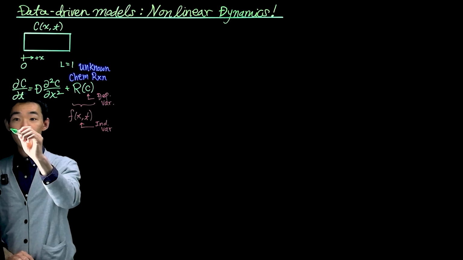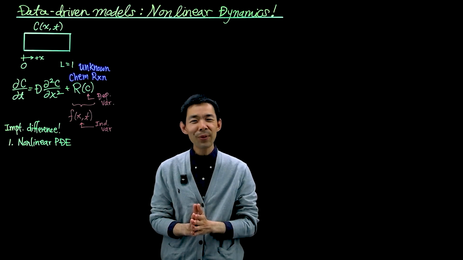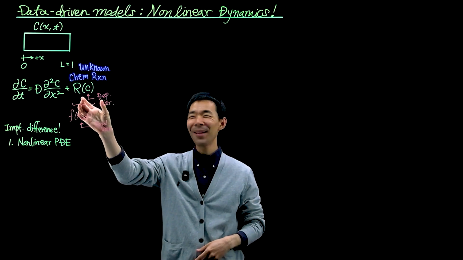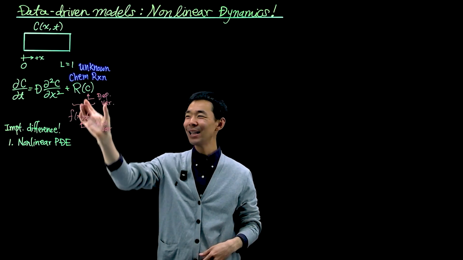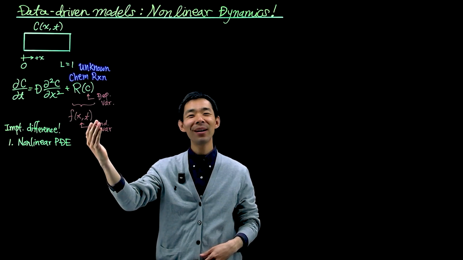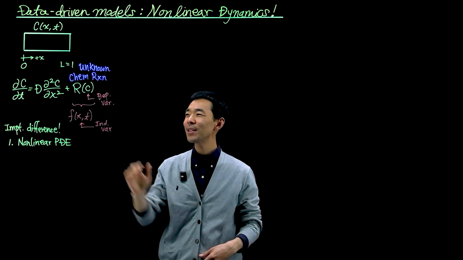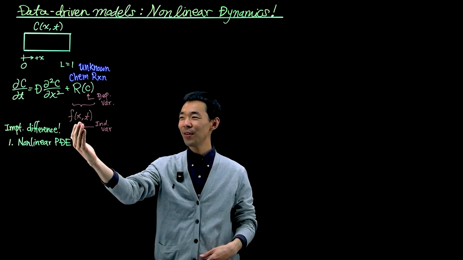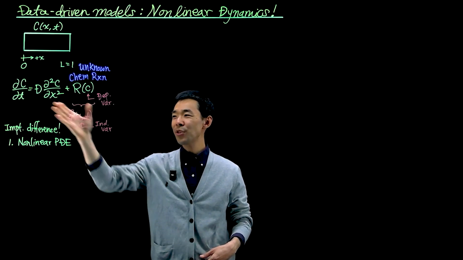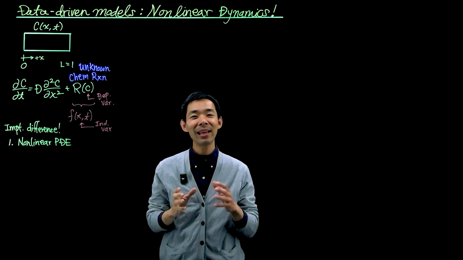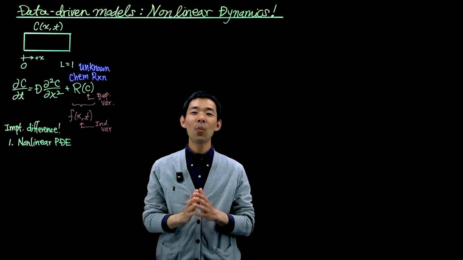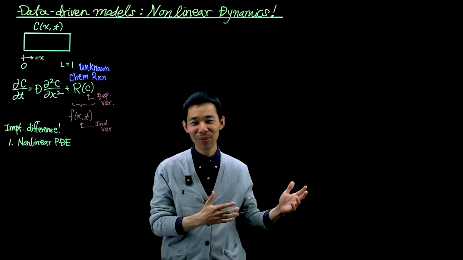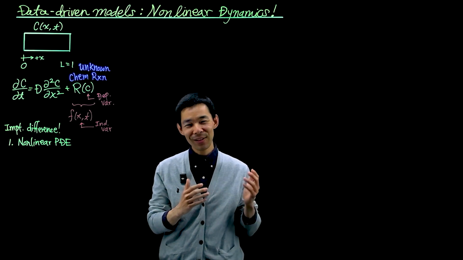Let's write those down. Now, the first major obvious difference between what we wrote down today, R as some function of C, and some other function F as a function of x and time, is that when we considered f as a function of position and time last time, the partial differential equation is a linear PDE, which means that all the linear techniques that we all know how to use apply directly.